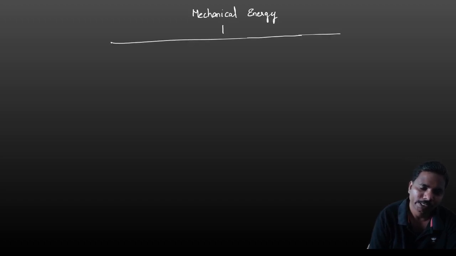Mechanical energy is of two types. One is potential energy, denoted with PE.